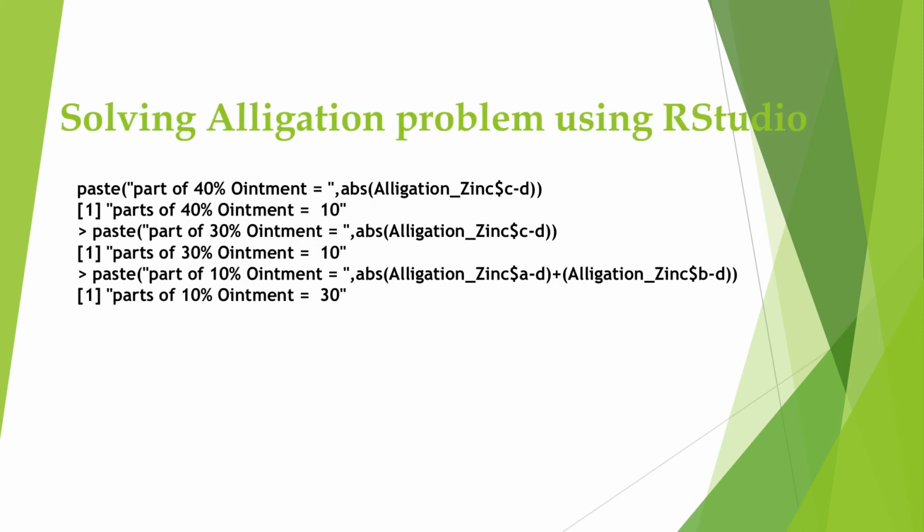Now we can solve this problem by using RStudio too. I'll explain how to use RStudio for this calculation. Let's open RStudio first, and let's import our data into RStudio.